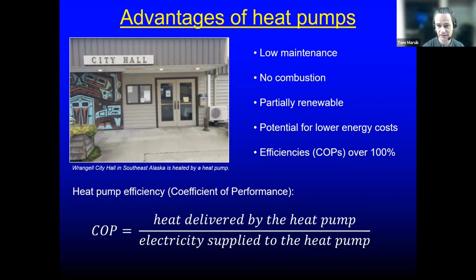And in addition to it, it extracts 2 additional units of energy from the outside environment in the form of heat, and they end up in the building also. So again, if the COP is 3, for every unit of energy you put into the heat pump in the form of electricity, you get 3 units of energy in the form of heat into the building.